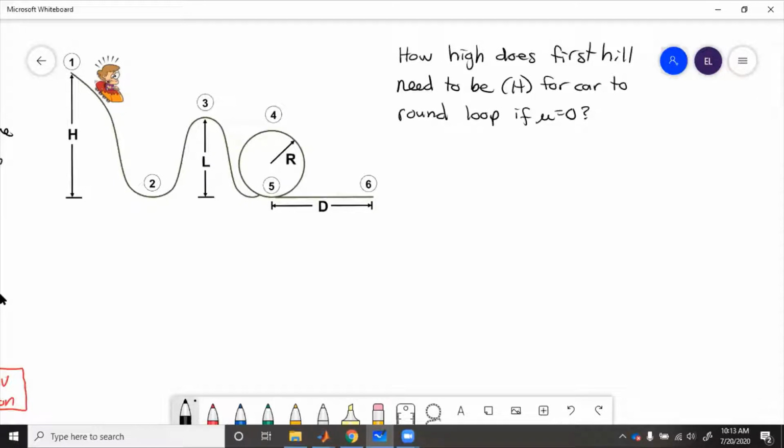So if we start by drawing the free body diagram up here at the top, then we have the weight pulling down, and we've got centripetal force pushing up, and then we've got the normal force from the track on the car pushing into it.